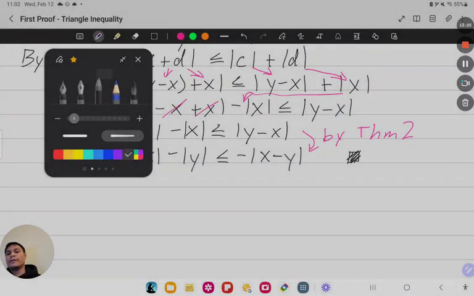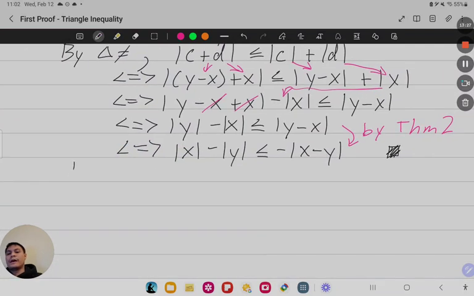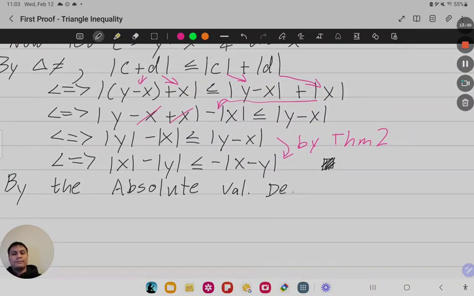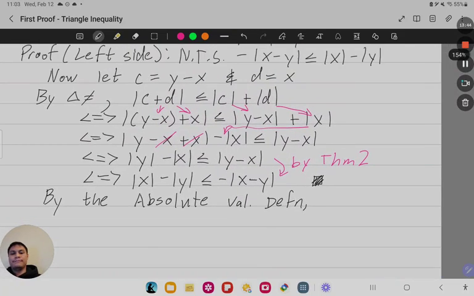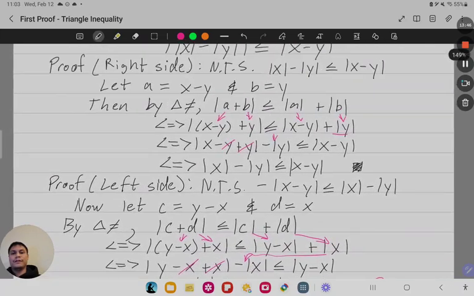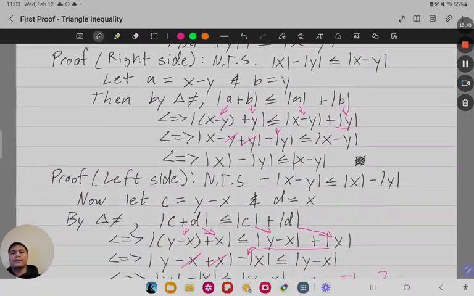And from this, we can say by the absolute value definition, I can scroll up here.